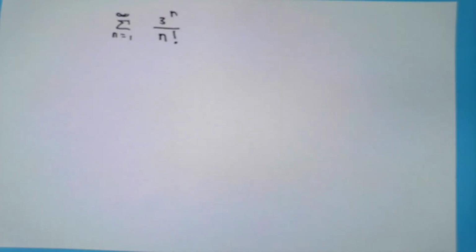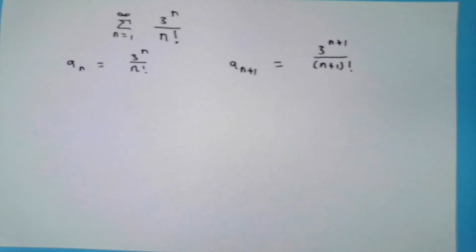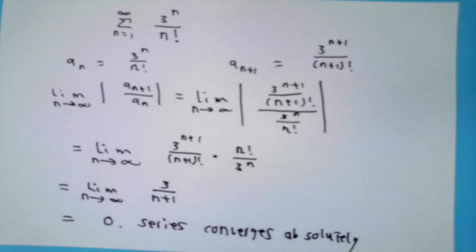As a quick example, let's see if this infinite series converges or not, using the ratio test. Figure out what terms go with a given index, index n, and index n plus 1. When I calculate the limit as n tends to infinity of absolute a_(n+1) over a_n, I write the fractions in.